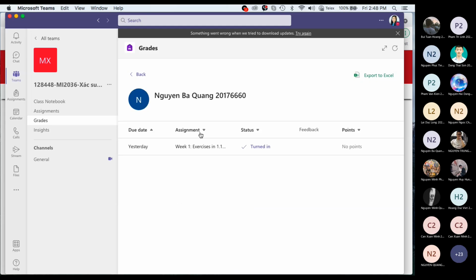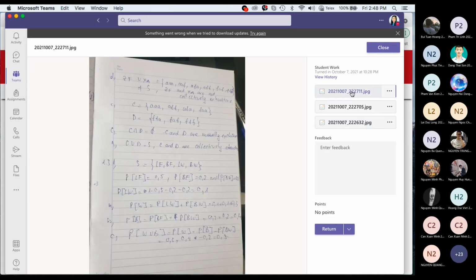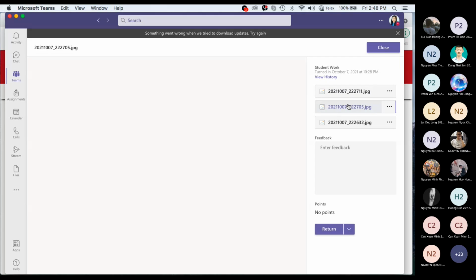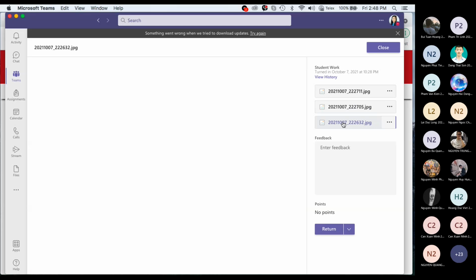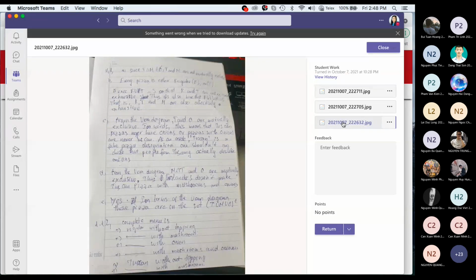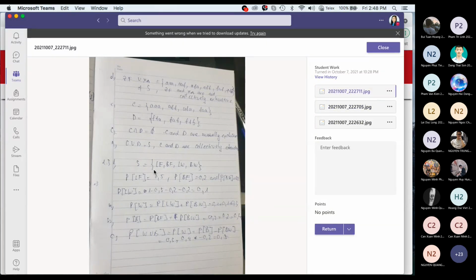Bà Quang. Exercise 1.3.1. Here, S is LF, BF, LW, BW, right?